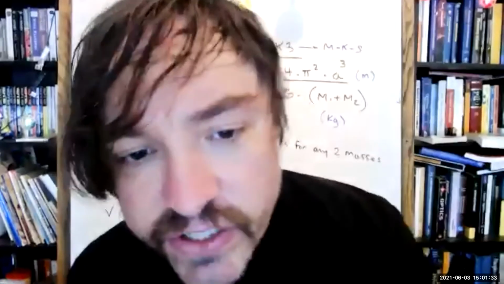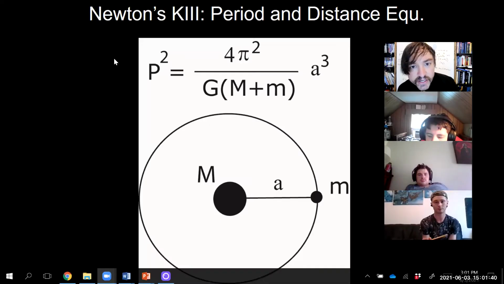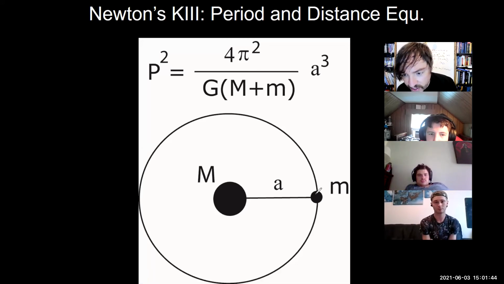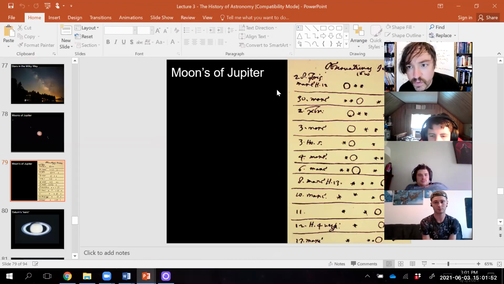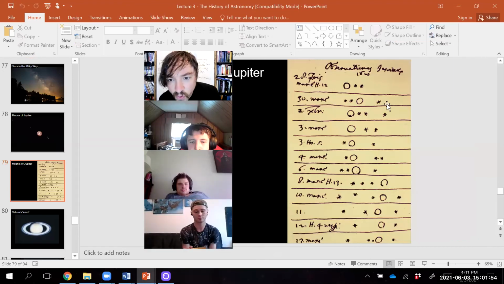From an observational astronomy point of view, it is a relatively straightforward thing to measure the periods and somewhat the distance between two objects. Just as Galileo did, you can go to your telescope, you can watch moons orbit back and forth in front of your planet, and you can measure their periods.